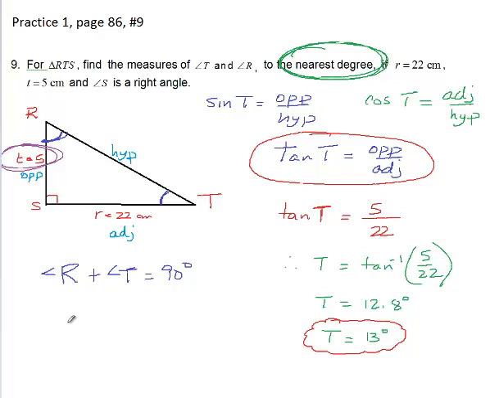So therefore, you know that R is equal to 90 subtract 13 degrees, which is, of course, 77 degrees. So find one of them using trigonometry, and find the other acute angle by subtracting from 90. They are complementary angles. And there's a solution to number 9 on page 86.